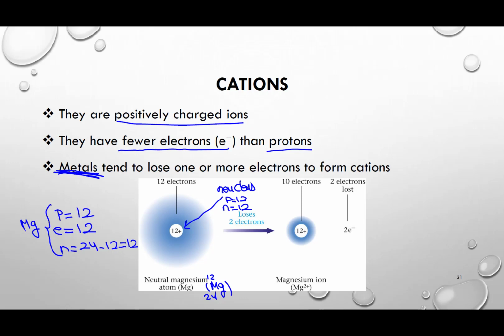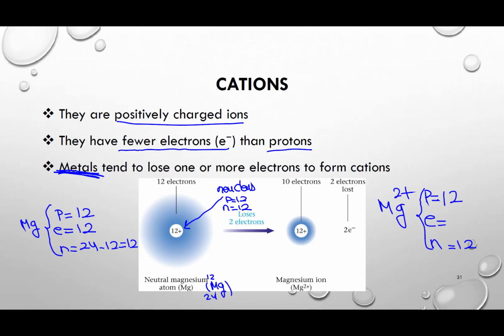Now let's do the same thing for ionic magnesium, or the magnesium cation. The number of protons and neutrons is the same as the neutral element. The magnesium atom on its own has 12 protons and 12 neutrons. It's the number of electrons that's the only thing that changes. The magnesium ion is 2+.